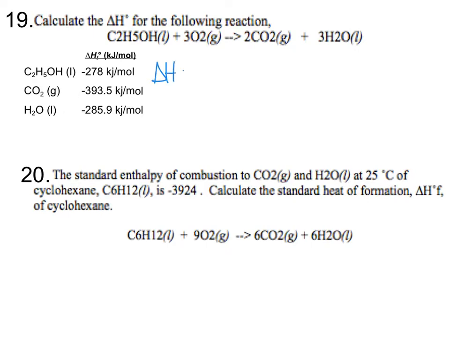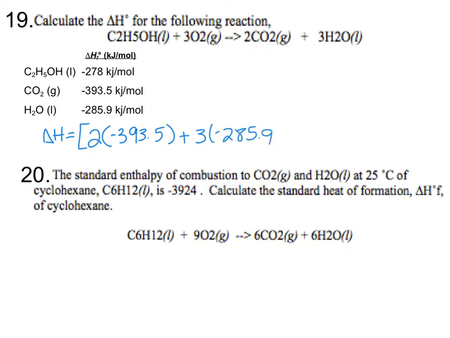So delta H is equal to, I'm actually going to carry this down to here where I have more space. So delta H is equal to products: 2 times CO2 is negative 393.5 plus 3 times the H2O liquid of negative 285.9. Those are my products.